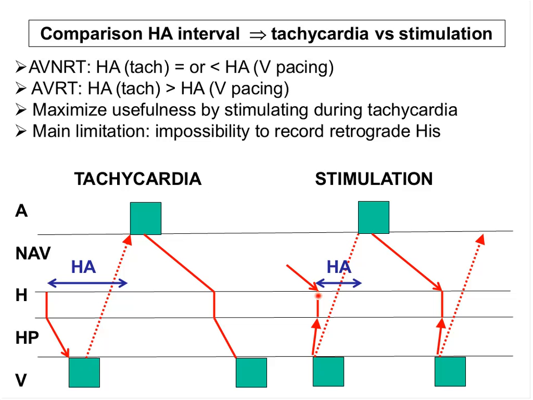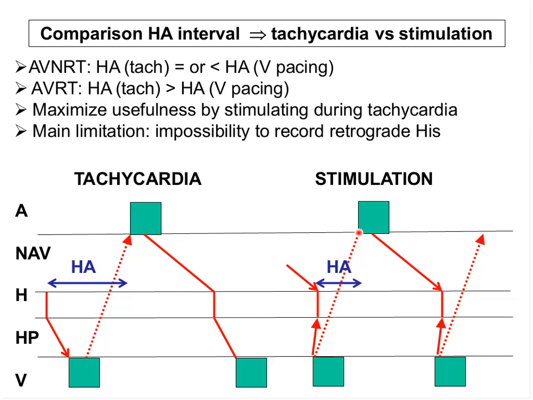This is because when we pace the ventricle, the His bundle is being activated anterogradely. It's activated in the same way as during tachycardia, downwards. And at the same time the His is activated, the conduction is proceeding through the accessory pathway to the atrium.